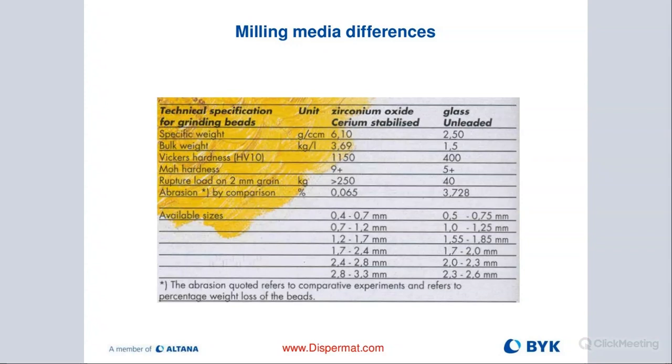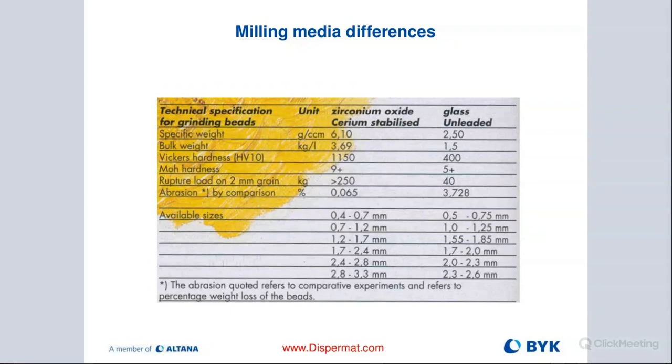Glass is weak, it shards very easily, and it doesn't have a high specific gravity, as you can see right here. That means you would have to put in a lot more force to get the same kinetic energy into our process than when I use higher weight beads.